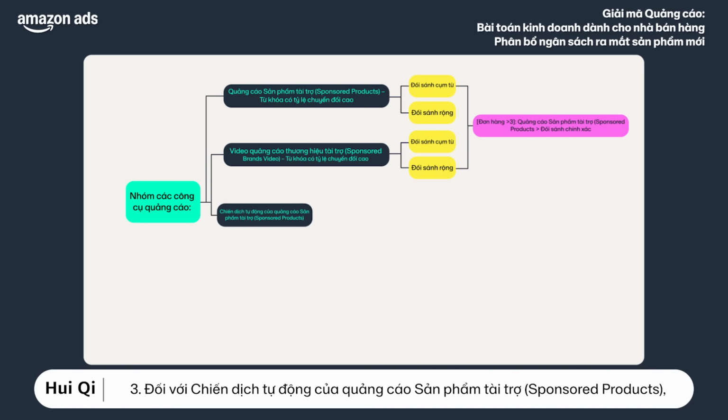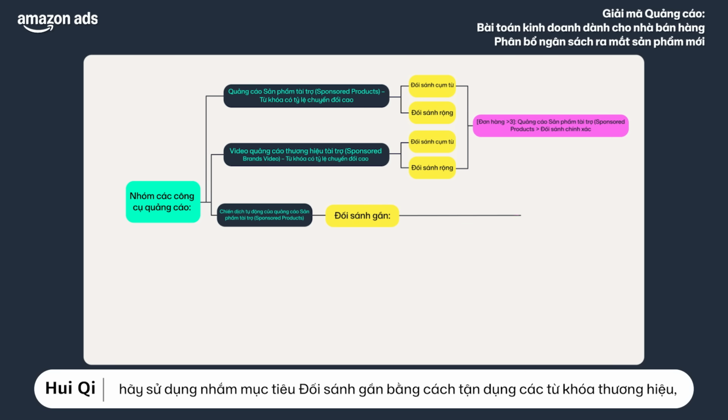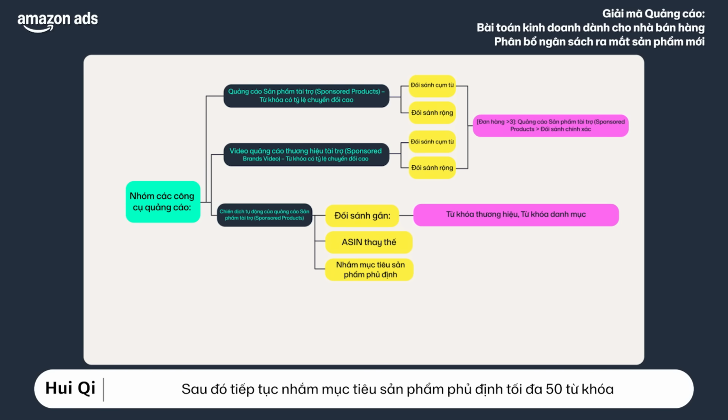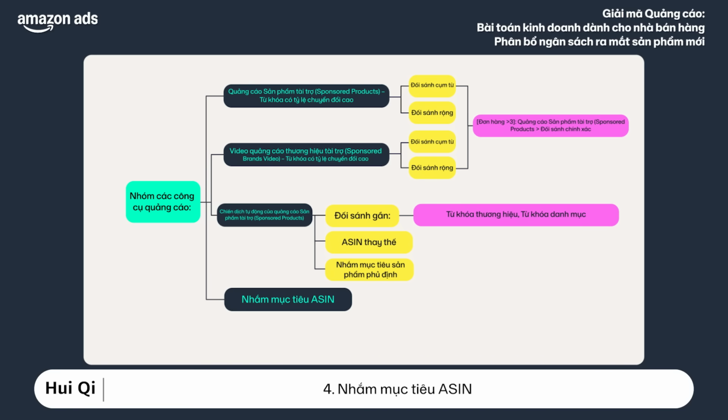Number 3, for sponsored products automatic campaign, use close match targeting by using branded keywords, category keywords and ASINs, substitute ASINs as well. And then subsequently, we can negatively target up to 50 keywords that are irrelevant from the above. Number 4, we can also then use ASIN targeting.